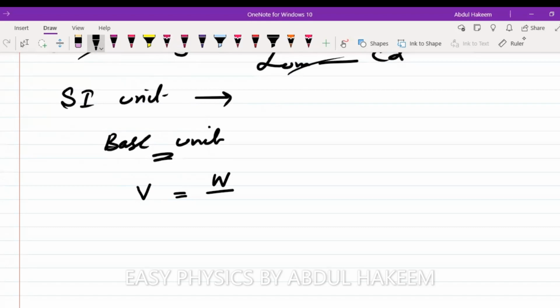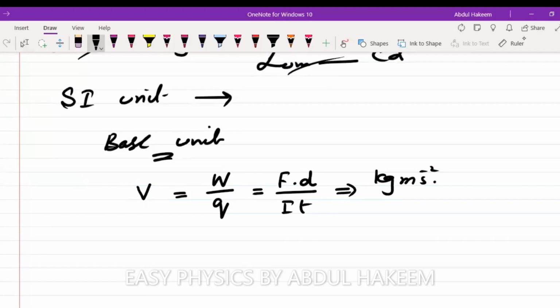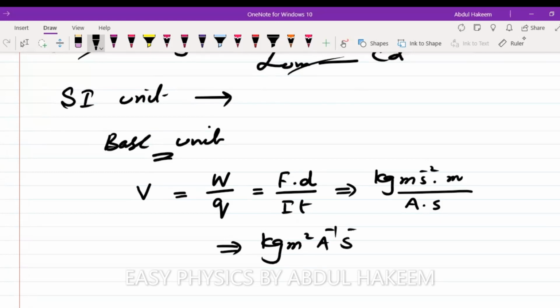Voltage potential difference is work done per unit charge, F into D, work, over I T. Then put the units: kilogram meter second power minus 2 for the force, meter for the distance, ampere for the current, second for the time. So when simplified, it becomes kilogram meter square ampere power minus 1 second power minus 3.